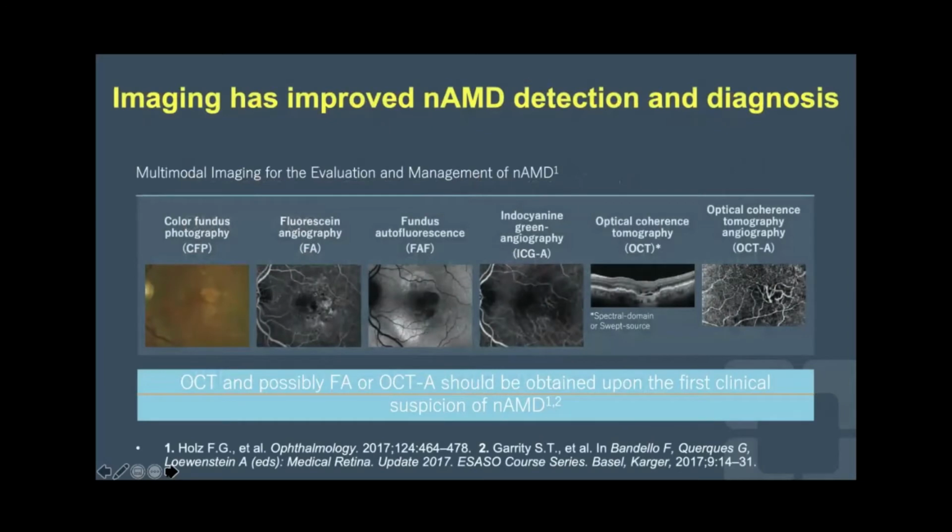One of the things that I want to first point out is how much we've evolved with regards to our imaging modalities the past few years. We now use multimodal imaging for the evaluation and management of neovascular AMD. And certainly there's a role for each of these. Color fundus photography for at least determining areas of atrophy, as well as teaching the patient.